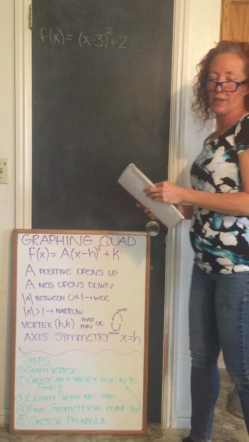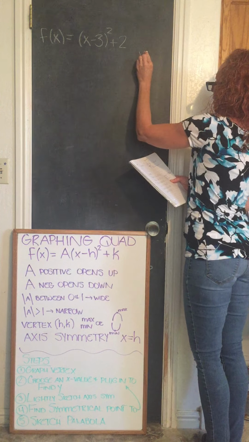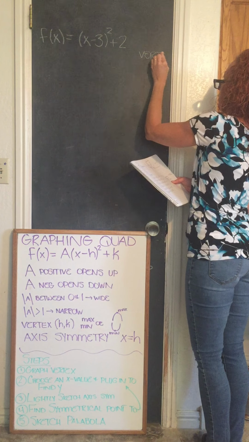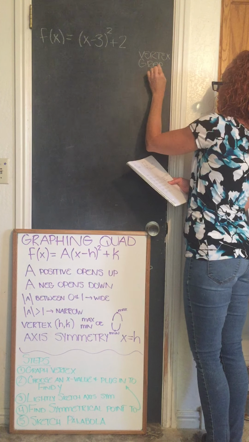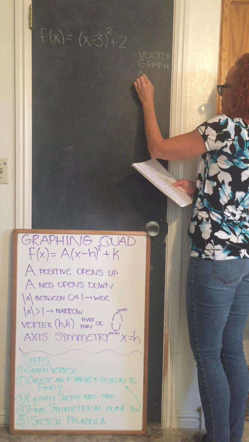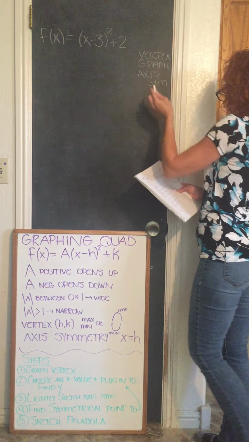And my goals for section 11.6 are to state the vertex, to graph it, and to state the axis of symmetry. So we have three pieces to our problem. All right.